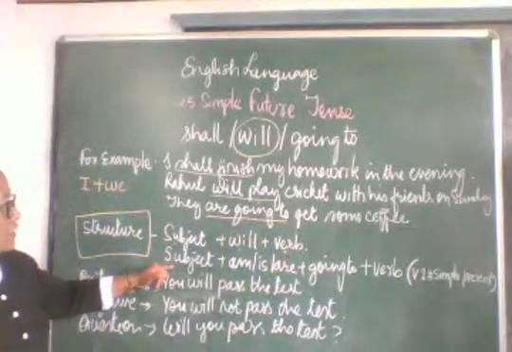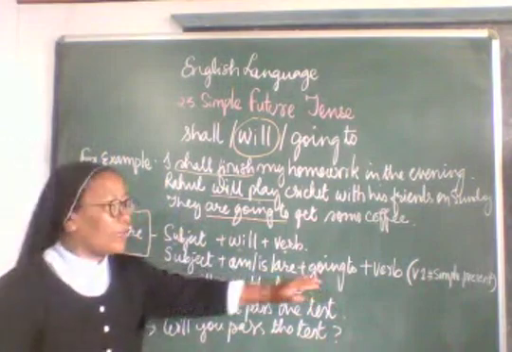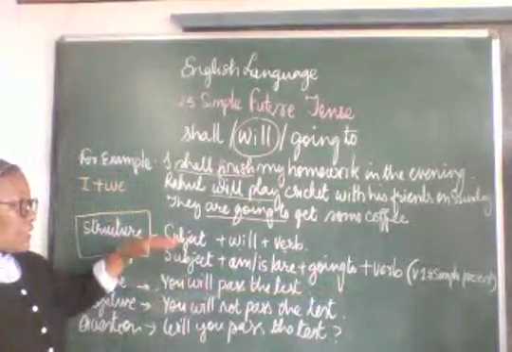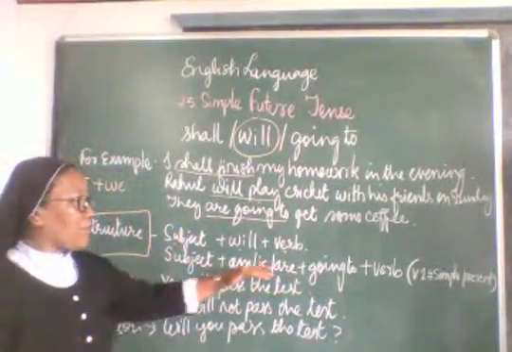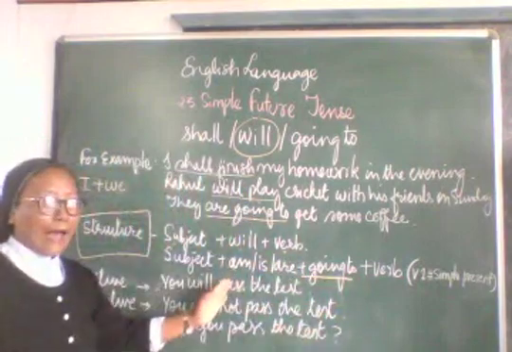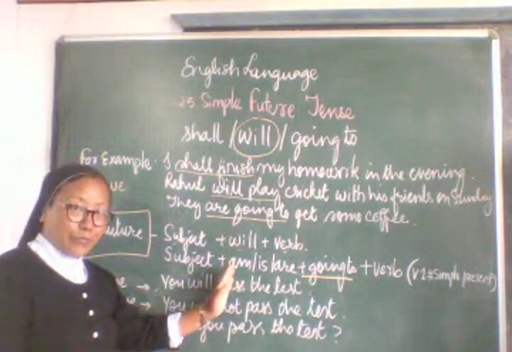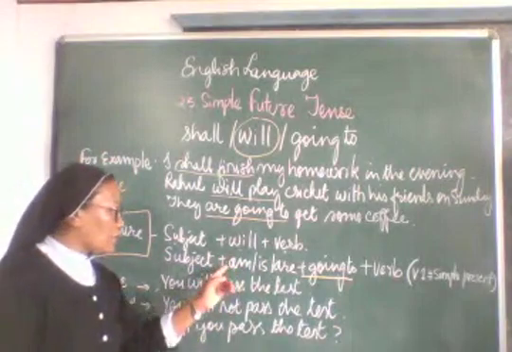Okay, the second structure, I have used here going to. When we use the going to form, the same structure but with subject, we need to add a helping verb, a helping verb of be form.